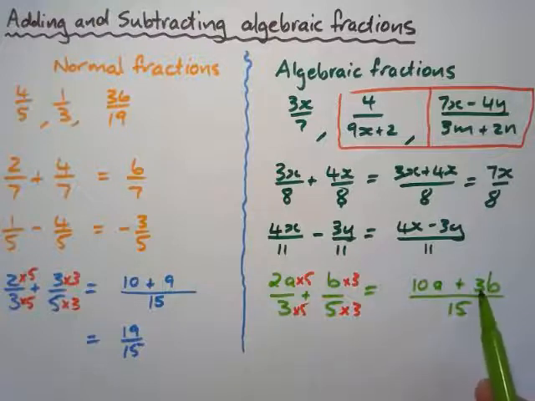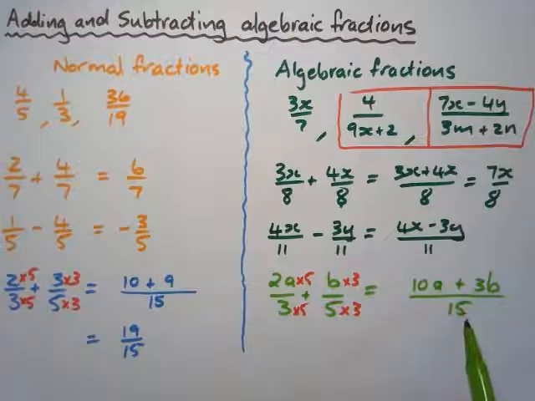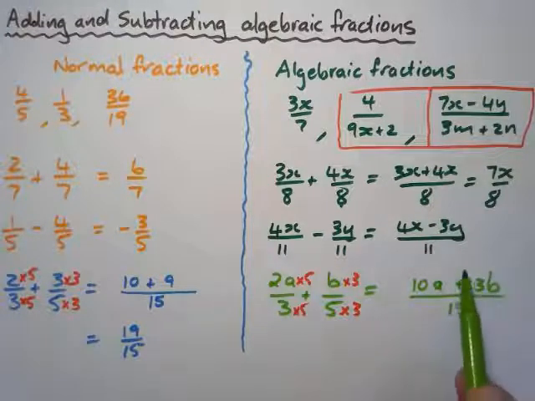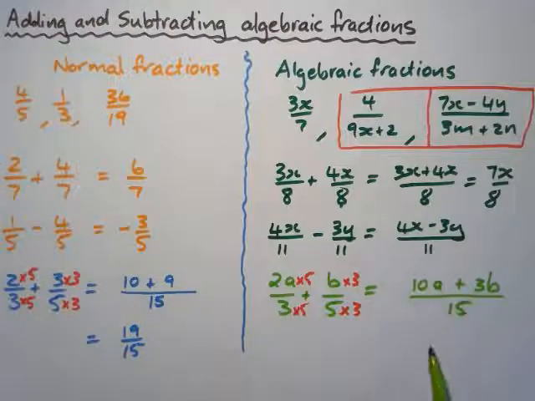Please don't cancel that 3 with 15. Don't do it. You can't simplify that way. Once you have more than one term at the top, they cannot simplify with anything at the bottom. That's how we're going to write that. That's as far as it goes. Please look at the other examples to make sure that you understand this topic.